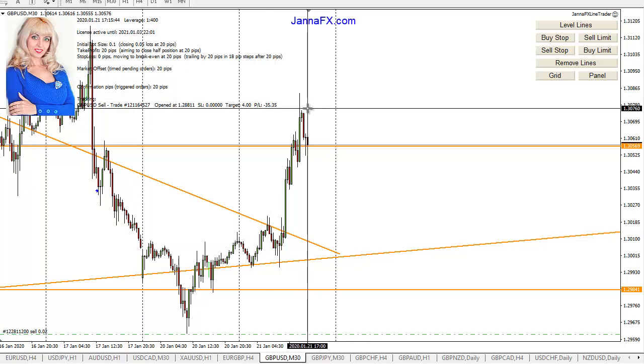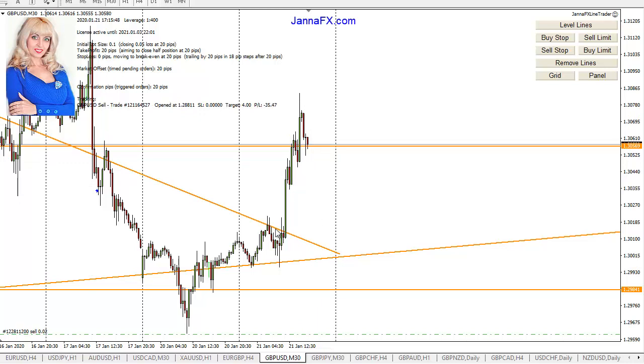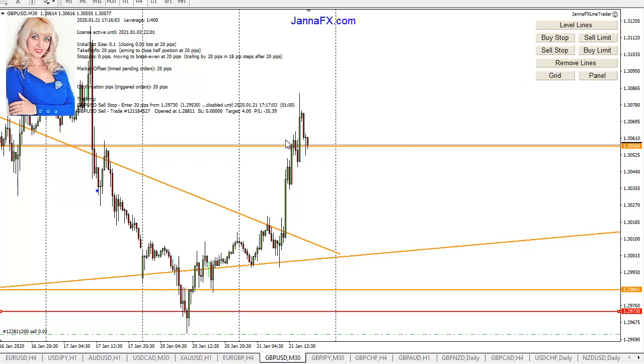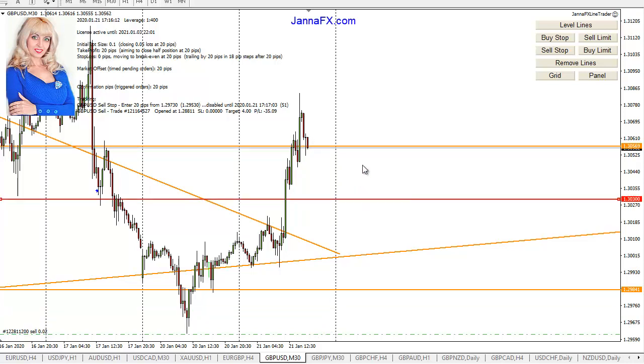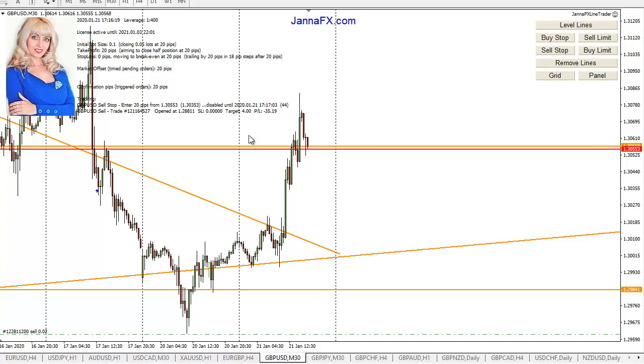It is about 5 o'clock our time, so it's possible that people were on the news events, so I'm going to use this level just in case more people start to close their positions and pound might drop, or of course it might just have a consolidation here and continue its way up, but I'm going to place the order here for now. So this is where my level is, with the same settings.